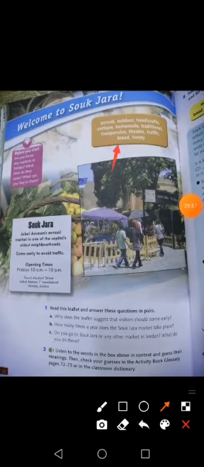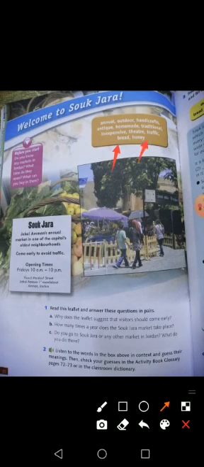Okay. So the last two words, bread. Bread. We all know what does bread mean. Bread is a type of food, right? And honey.